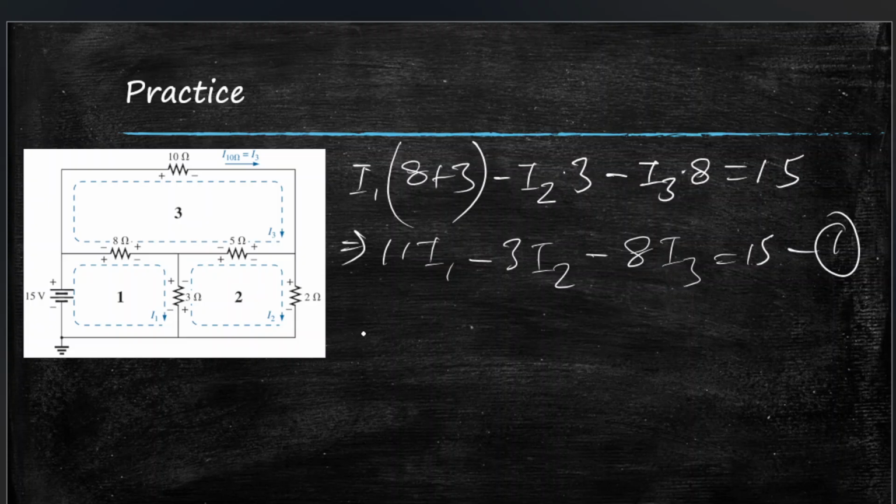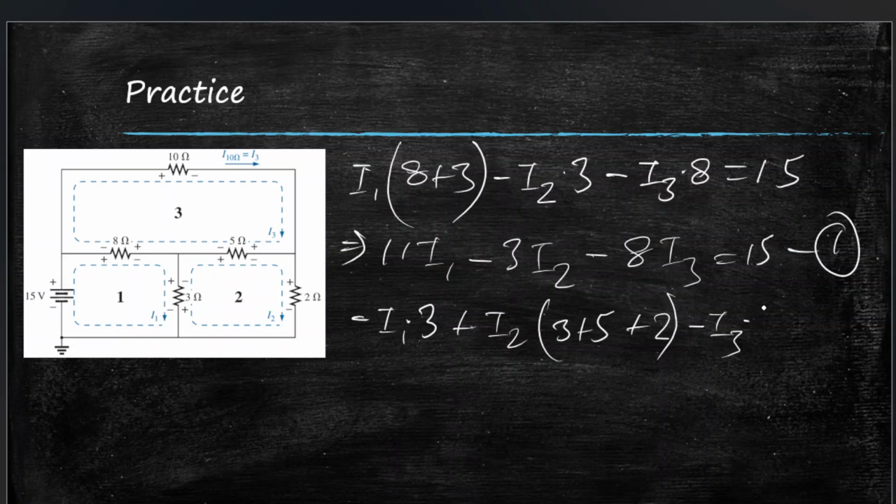Now loop 2, so again we put minus I1 in the front for simplicity's sake. Minus I1, and there's only 3 ohm between I1 and I2, so that's it. And then plus I2 and all the resistors, so 3 plus 5 plus 2, and then again minus I3 and just 5 ohm, equal to no voltage sources within loop 2, so it's 0.